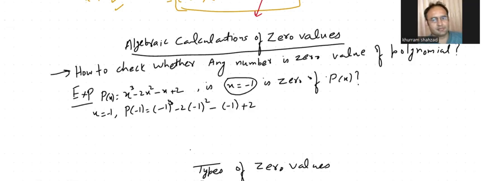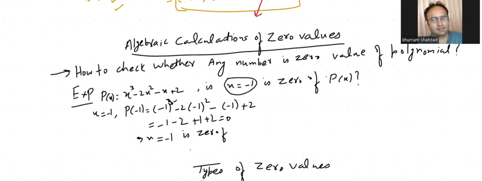So negative 1 raised to power 3 is negative 1, this is minus 2, this is plus 1, this is plus 2, and this is equal to 0. Since we have set x is equal to negative 1 in this polynomial, it gives us 0. So what does it mean? It means that x is equal to negative 1 is a zero of polynomial p of x.